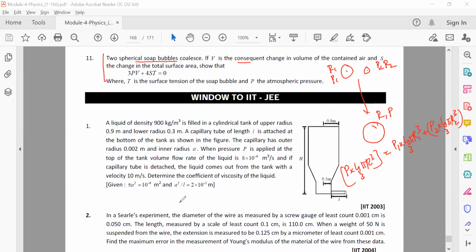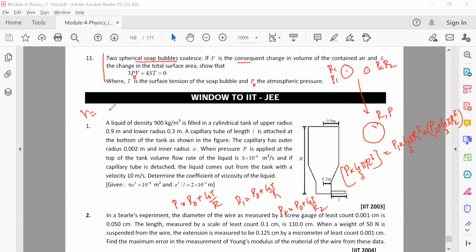Now in this you put P as atmospheric pressure plus 4T by R. Put P1 as atmospheric pressure plus 4T by R1 and put P2 as atmospheric pressure plus 4T by R2. Okay. So in this equation, I'll just replace atmospheric pressure with P naught because I have taken it as P naught. And V is the change in volume.